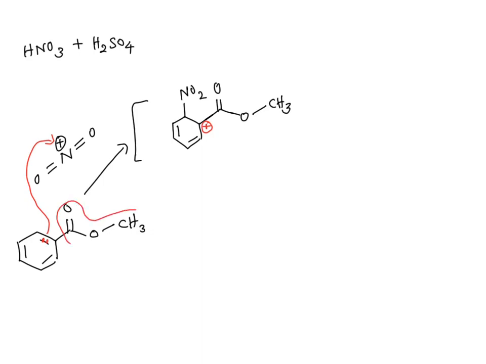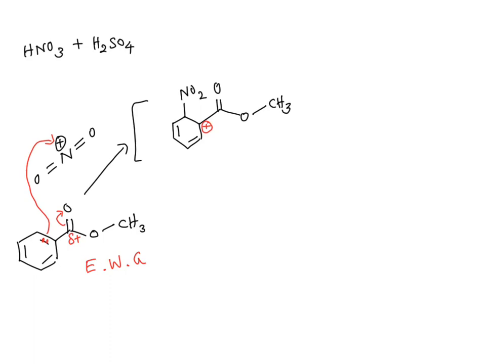This group right here is an electron withdrawing group, which means it tries to withdraw the electron density from the benzene ring through resonance, like that. Oxygen is an electronegative atom. It removes the electron density. So eventually this carbon will be partial positive.